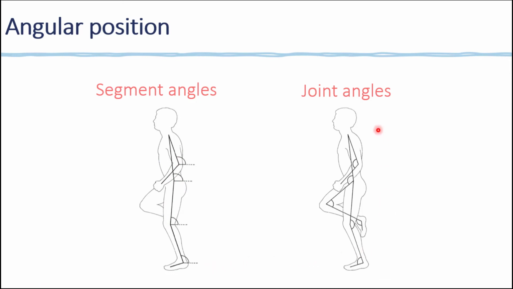Now on the right, you see that the angles are formed between two segments that are relative to each other. So for example, the upper arm and the forearm form an angle at the elbow. And this is a relative angle, right? Because both the lines are capable of moving. So segment equals absolute angles, joint equals relative angles.